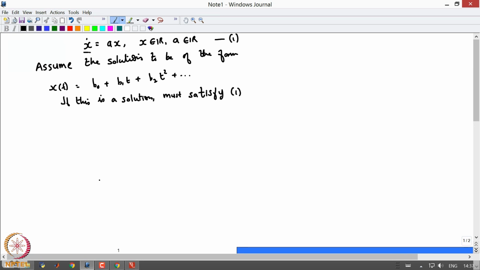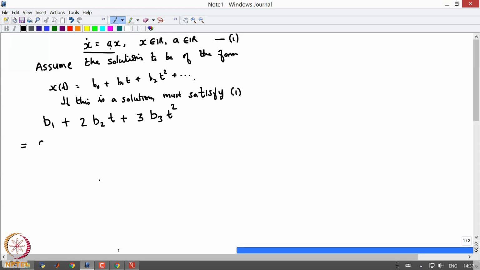So, I just want to write it in this way, x dot equal to a x. On the left hand side, x dot, I just differentiate this, I will have b1 plus 2 b2 times t plus 3 b3 times t square. This is equal to a times x, this is my x.